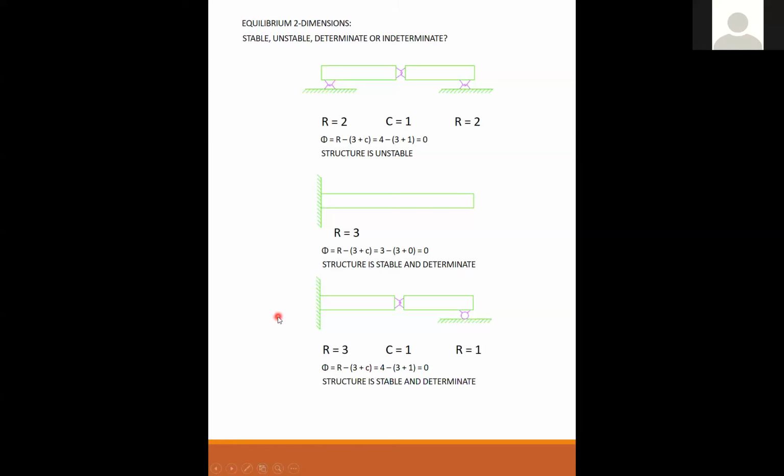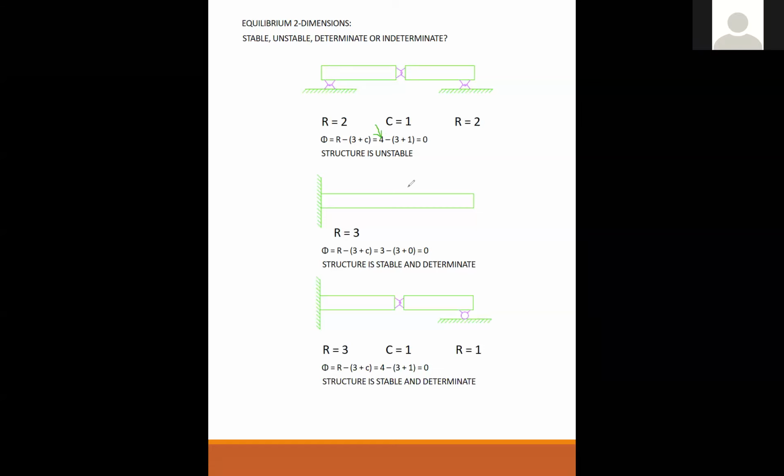So the first case of number 1 would be indeterminate then? This one? No, it's unstable. Unstable, okay. Yeah, so unstable is not determinate or indeterminate. It's just flat out unstable. And again, the reason that it is unstable is that, it's kind of hard to use this tool, but that 4 right there was the mistake.